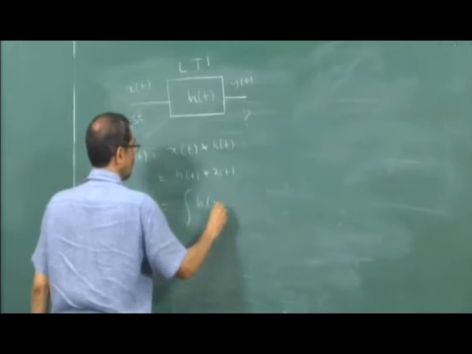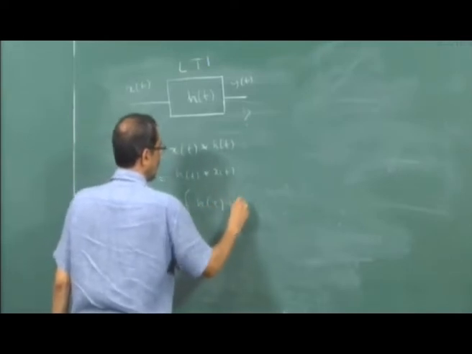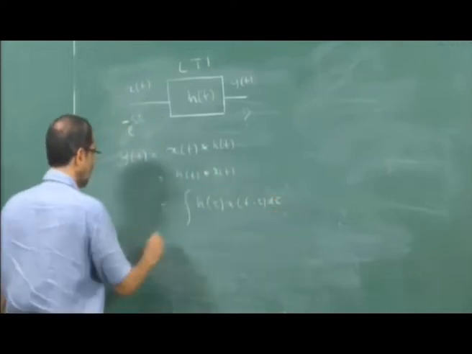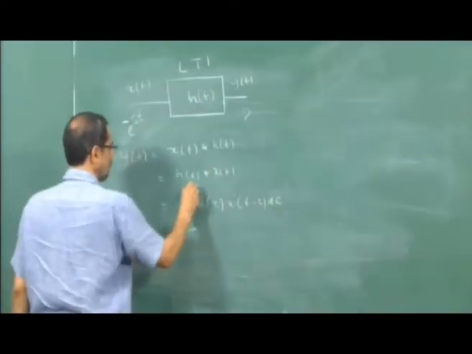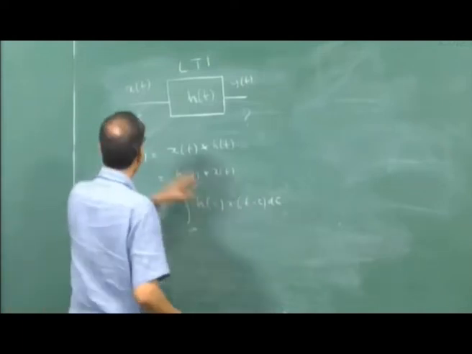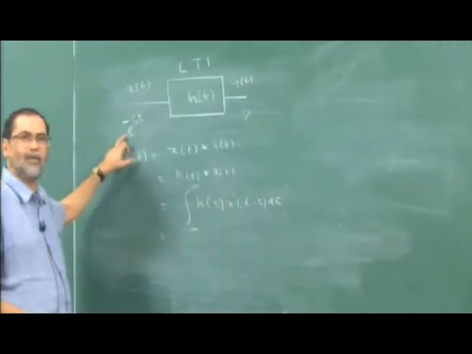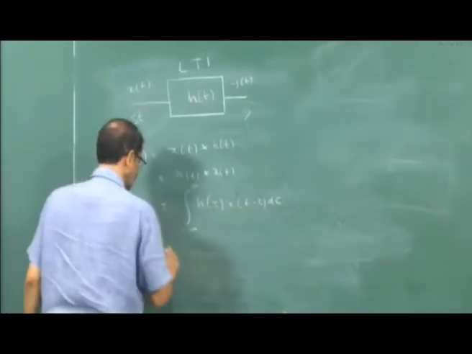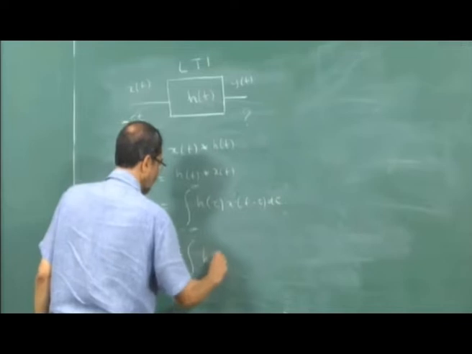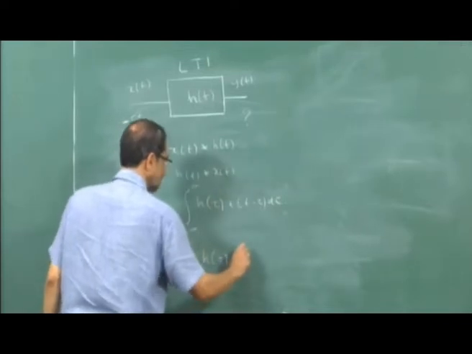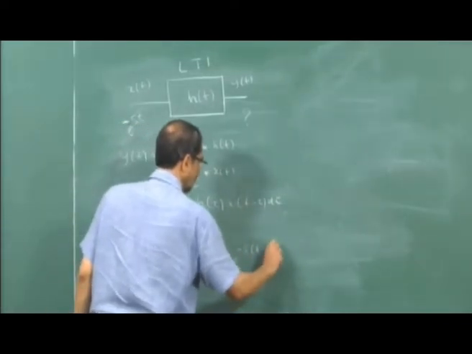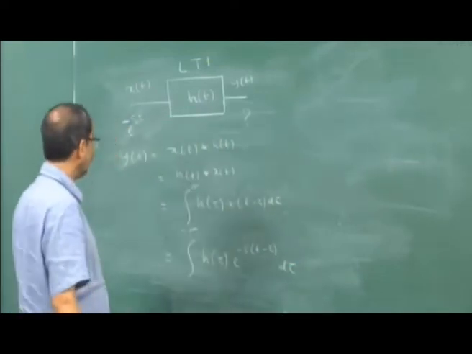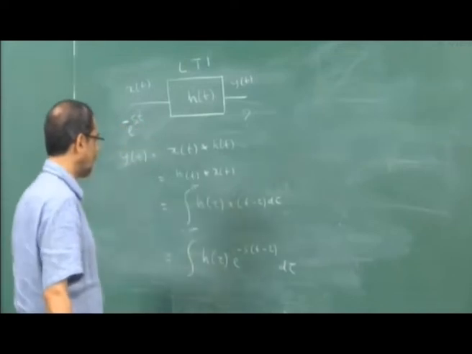So it is the integral from minus to plus infinity of h of tau x of t minus tau d tau, but x of t takes a particular value e to the power of minus st. So let me substitute for that. So that's equal to h of tau e to the power of minus s into t minus tau d tau. Wherever there is t, I replace that with t minus tau.